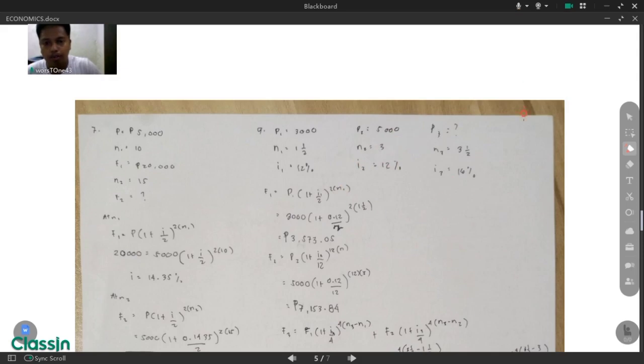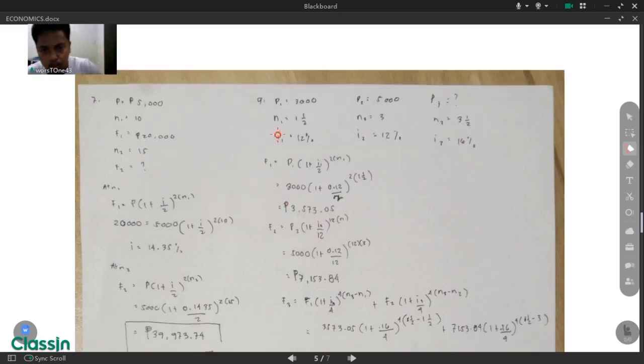So P3 is what we'll be finding, the present worth. What amount must he pay in order to satisfy the payment for frame 1 and frame 2?